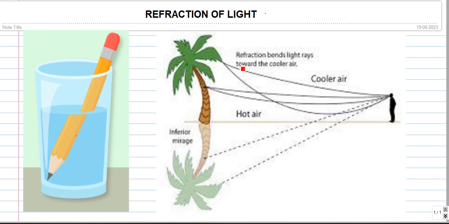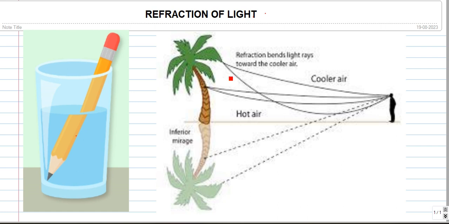What happens is the light which is traveling between hot air and cool air is forming the image of this tree on the road. So this is again a phenomenon of refraction of light which causes this mirage. So this is what we have for refraction of light.